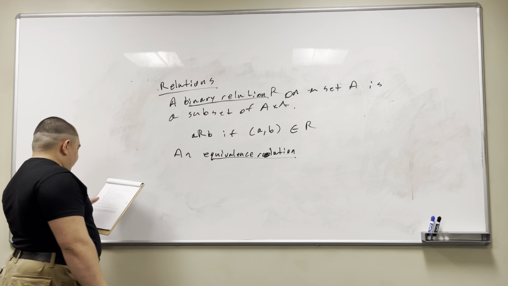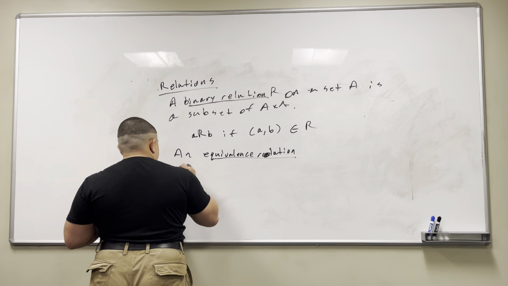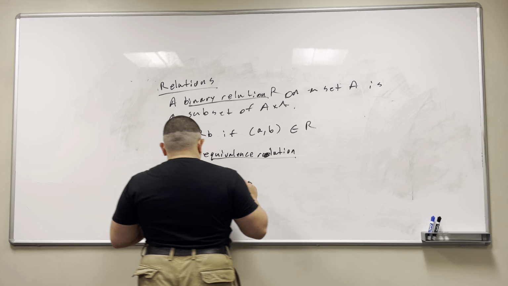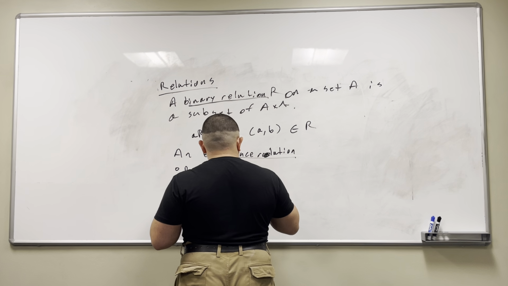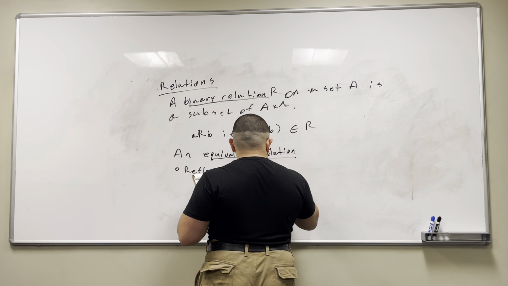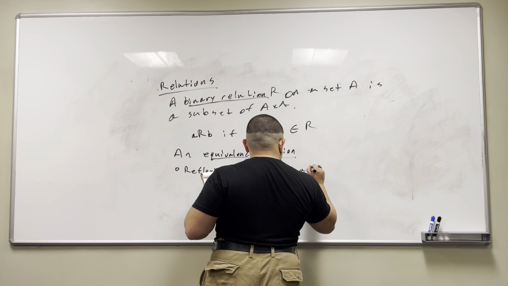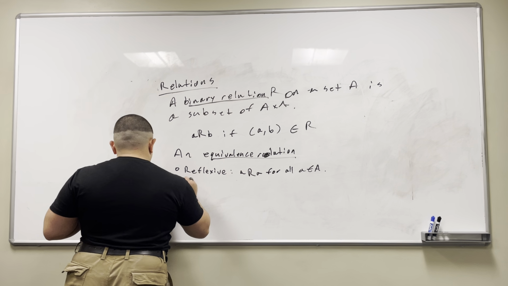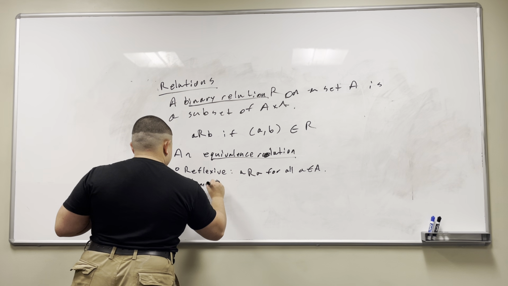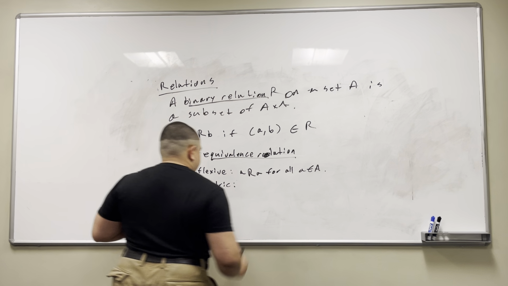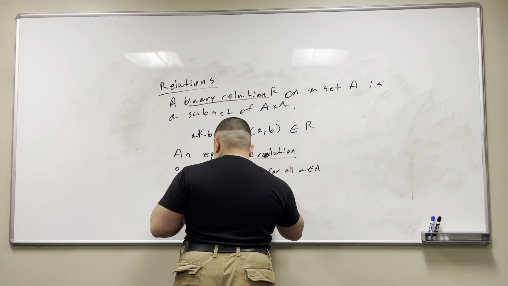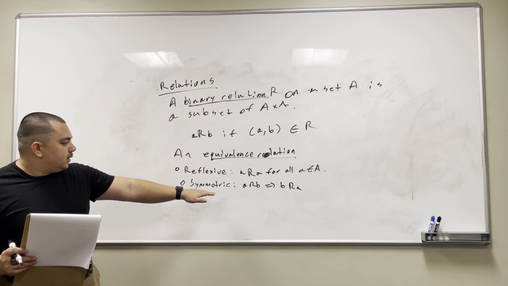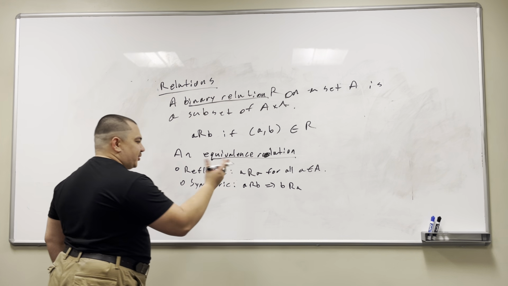It has three properties, and these are, of course, reflexive, which is such that a R a for all a in the set A. Symmetric: a R b implies that b R a.